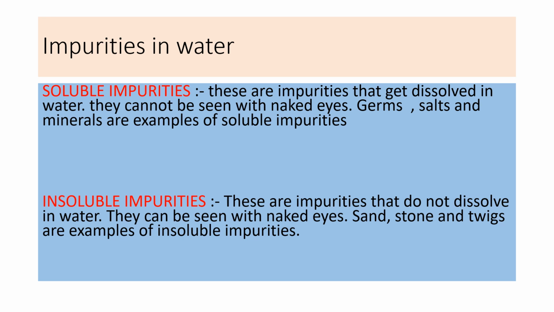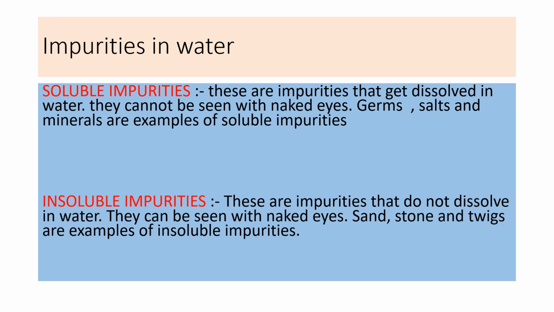Impurities in water. Soluble impurities. These impurities get dissolved in water. They cannot be seen with naked eyes. Germs, salts and minerals are examples of soluble impurities.